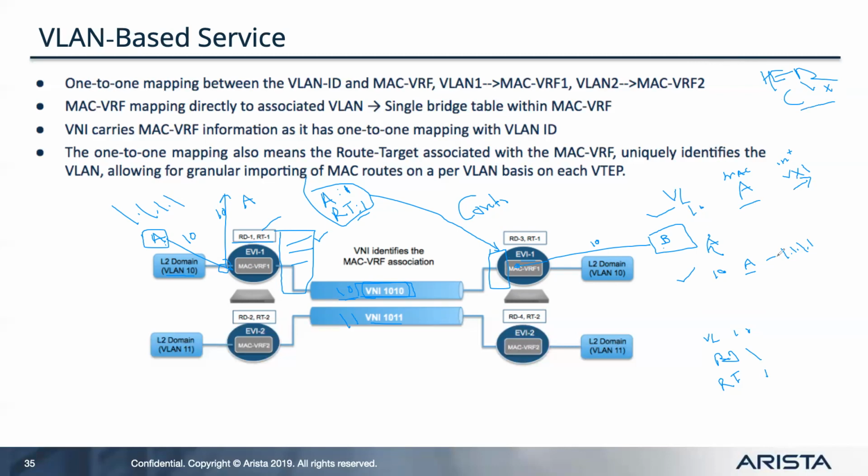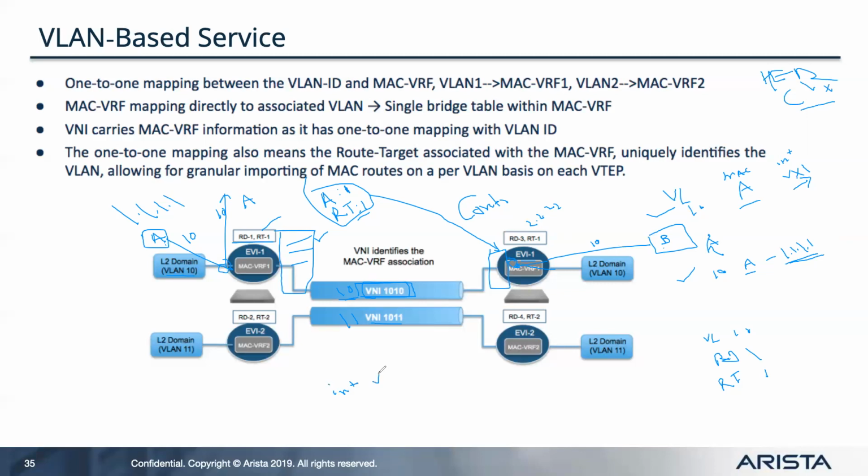So we check that MAC A is behind VTEP 1.1.1.1. What we will do is encapsulate the packet. Outer destination IP is 1.1.1.1. Outer source IP is 2.2.2.2, this VTEP IP. It will add the VNI information in the VXLAN header, whatever VNI we have configured under interface VXLAN 1 for this VLAN.